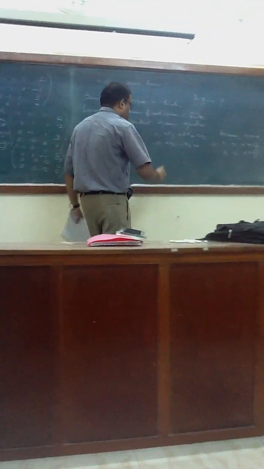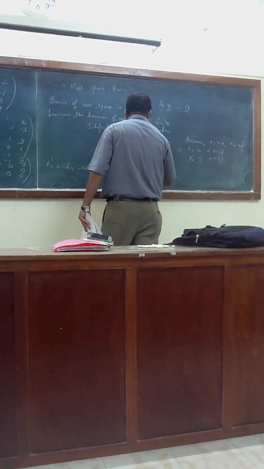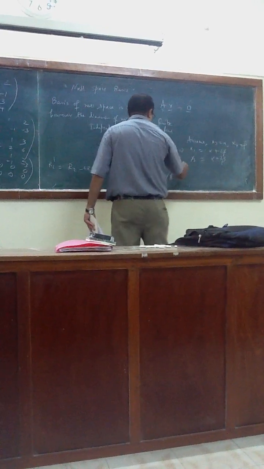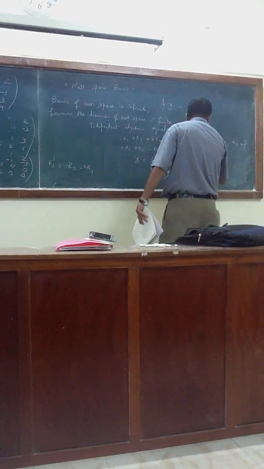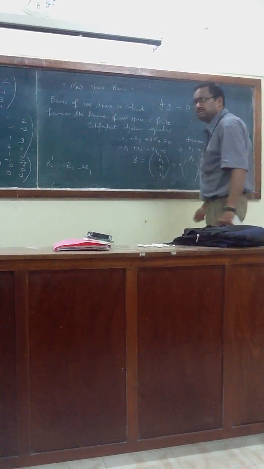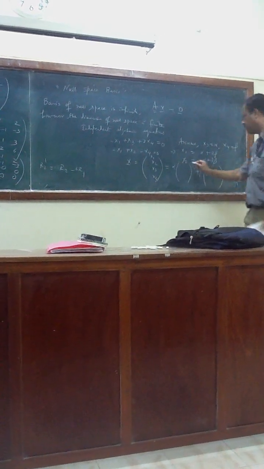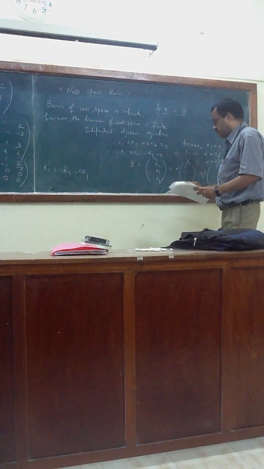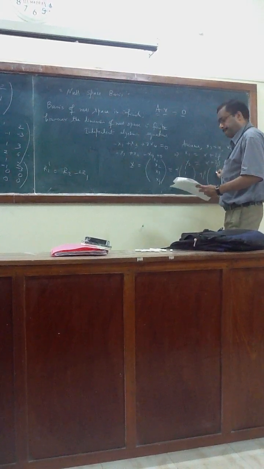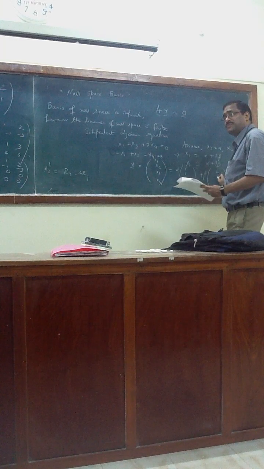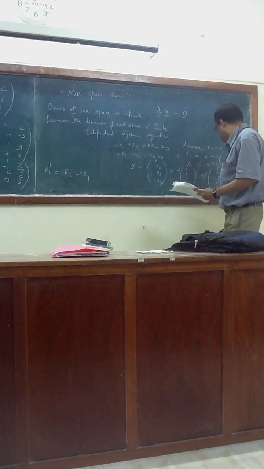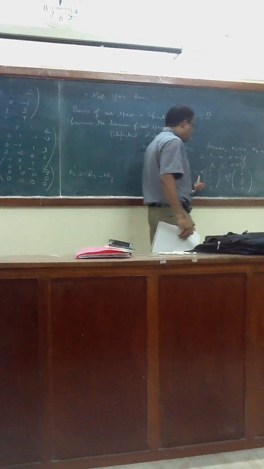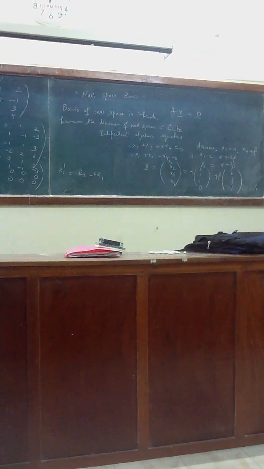So your solution x bar, which is x1, x2, x3, x4, will be alpha plus beta, and so on. So the dimension of null space is alpha and beta, so 2.